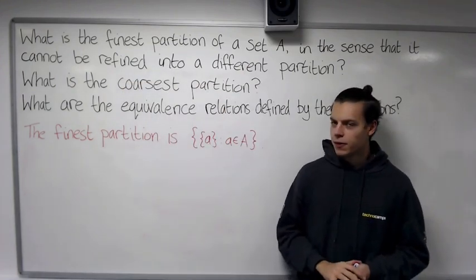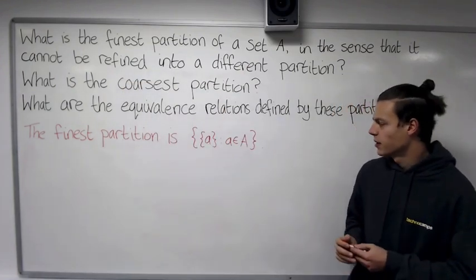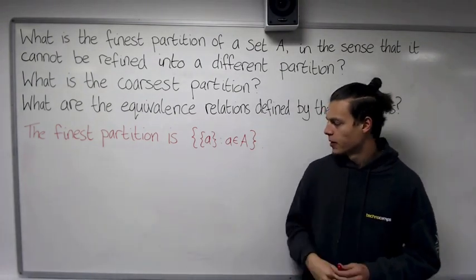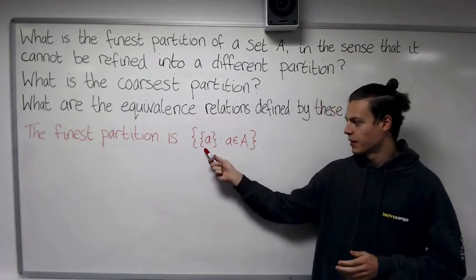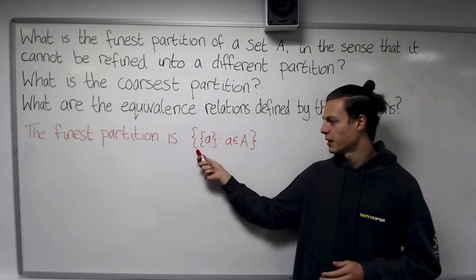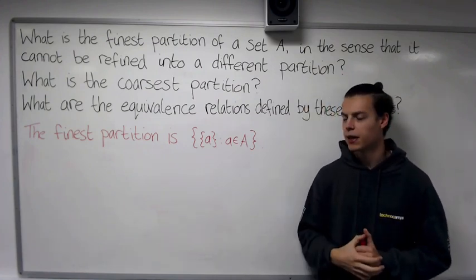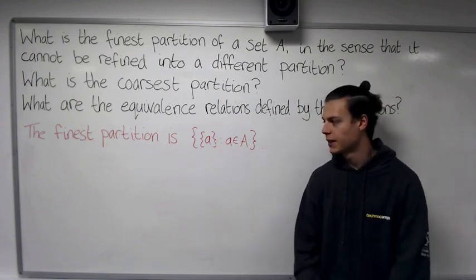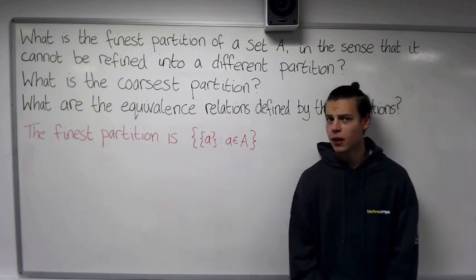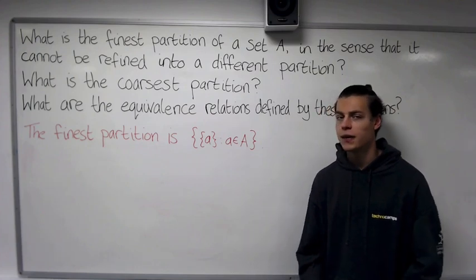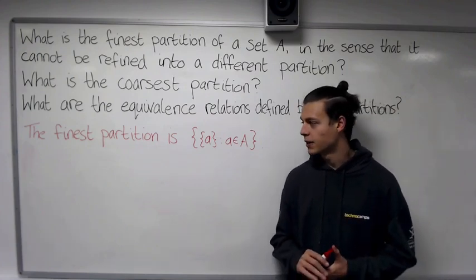Now, what equivalence relation does this define on the set A? So suppose that this partition is the set of equivalence classes of this relation. What relation is this exactly? Two elements are related if they are in the same equivalence class.